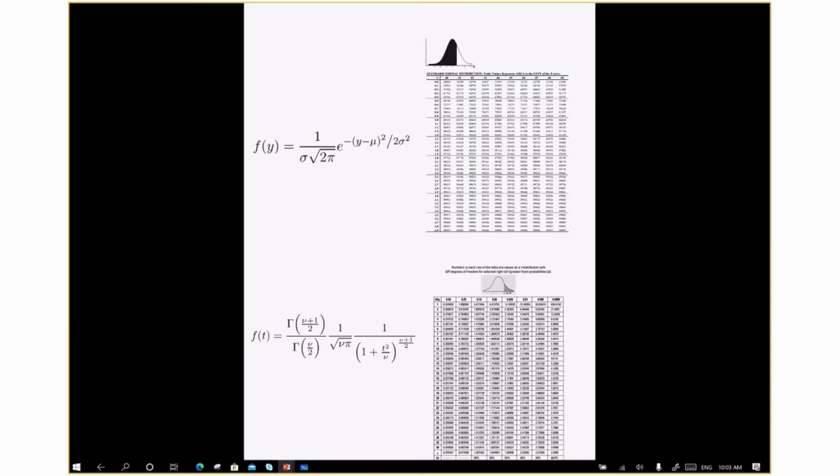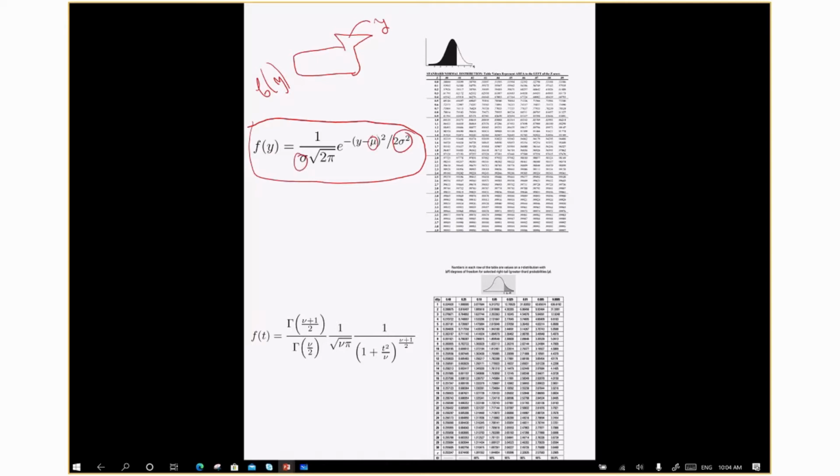So earlier on, we saw this horrible formula for the probability density function associated with a normal distribution. And you remember what a probability density function is. You know what a function is. It's a meat grinder. So you got this meat grinder, and what goes into the meat grinder is y, and what comes out is the probability density function f at y. It's a normal distribution, so it's got these parameters: the variance, the standard deviation, and the mu.